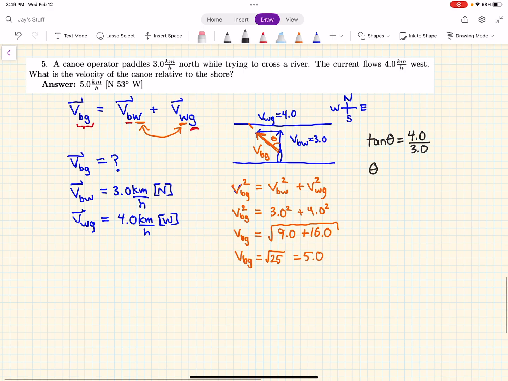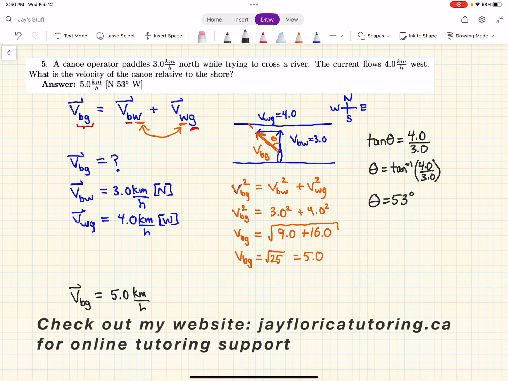So theta would be equal to tan inverse of 4 divided by 3. And if you calculate that, you should get 53 degrees. So then we can state our final answer as the velocity of the boat relative to the ground is equal to 5.0 kilometers per hour north, 53 degrees west.